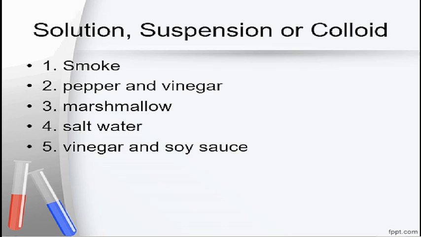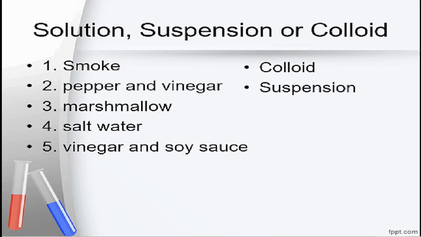Is it solution, suspension, or colloid? Smoke is an example of a colloid since the particles are suspended. Pepper and vinegar is a suspension, since pepper appears only on the top part of the vinegar and the vinegar settles at the bottom, hindi sila naghahalo.